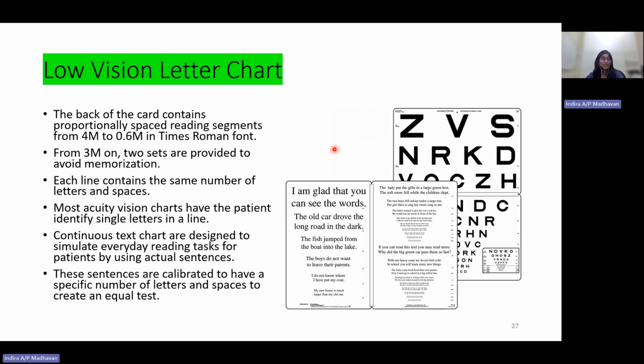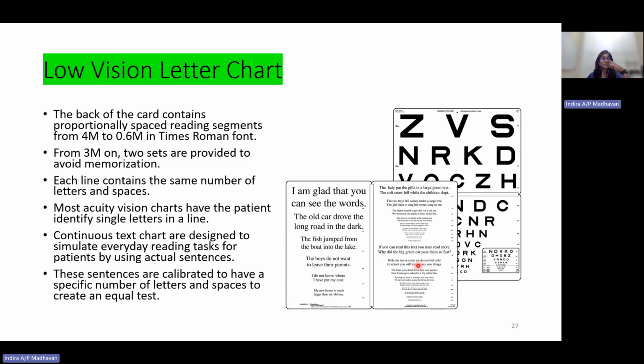Another chart is the low vision letter chart, which I already explained just now. The front part is the distance chart and the back part is the low vision letter chart, which is for near. It contains proportionally spaced reading segments from 4 M to 0.6 M in Times New Roman font. From 3 M on, 2 sets are provided.